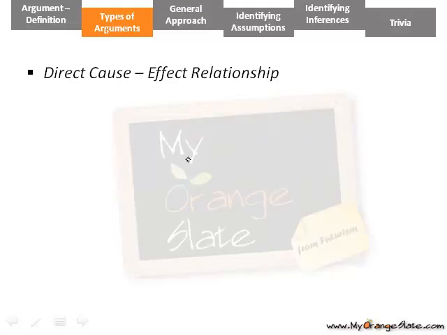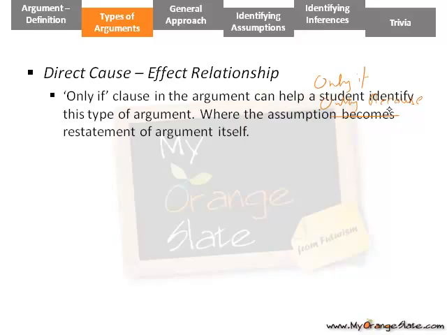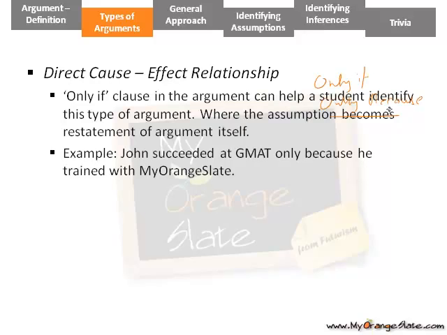Direct cause-effect relationship. The words like only if or only because would identify them. Say if we take an example, John succeeded at GMAT only because he trained with MyOrangeSlate.